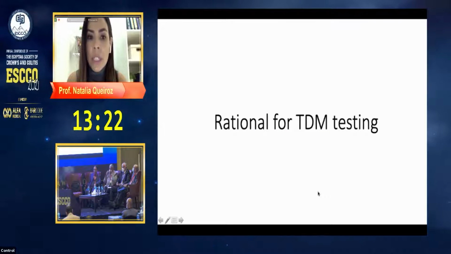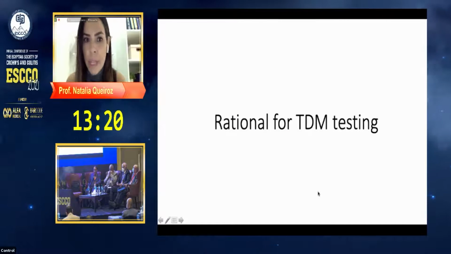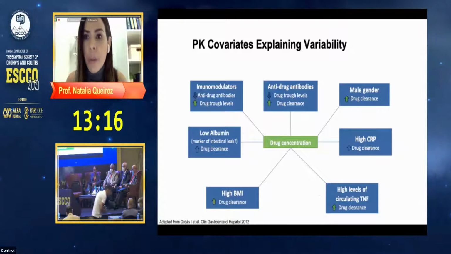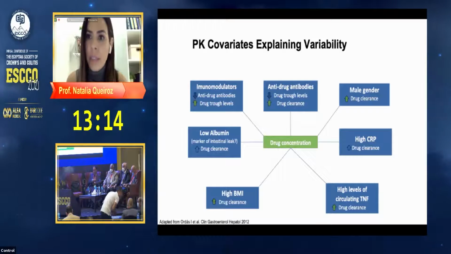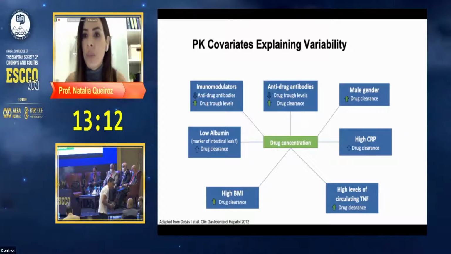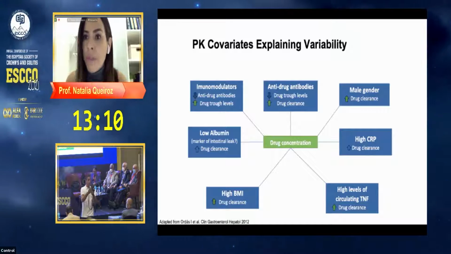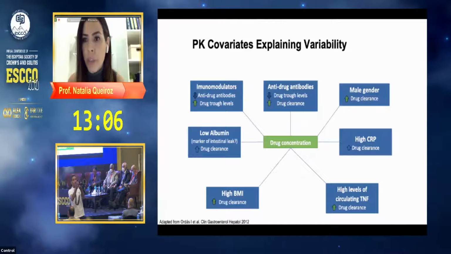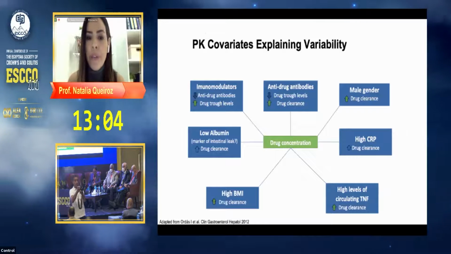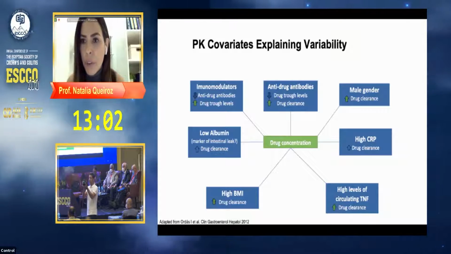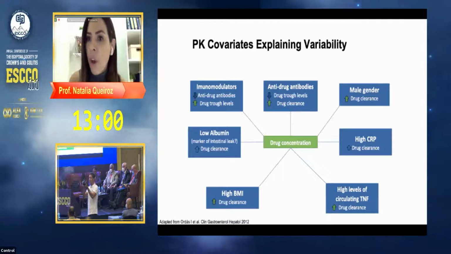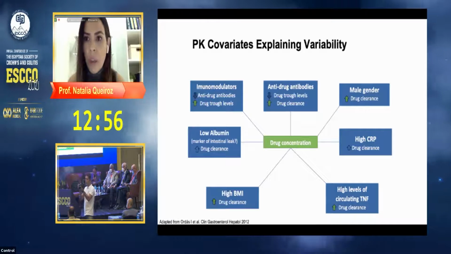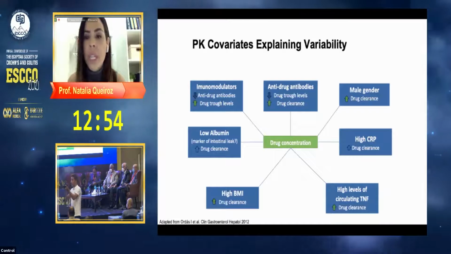But what's the rationale for TDM testing? First of all, there are some pharmacokinetic covariates explaining inter-individual variability. For instance, patients with high inflammatory burden, with high CRP, with high levels of circulating TNF, and with low albumin, a surrogate marker of intestinal leak, have increased drug clearance.